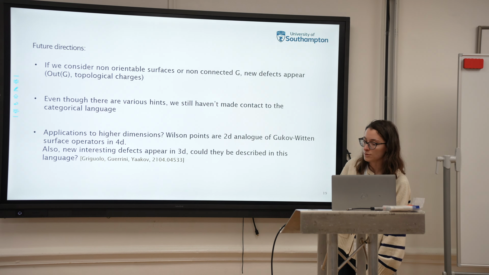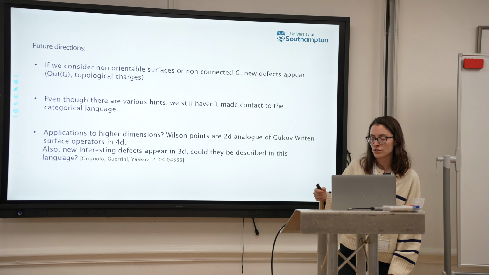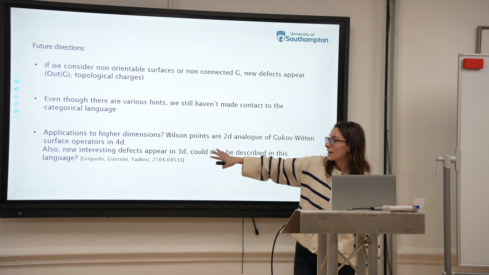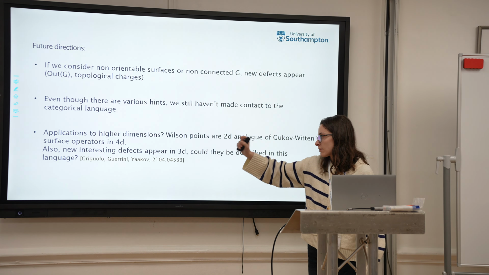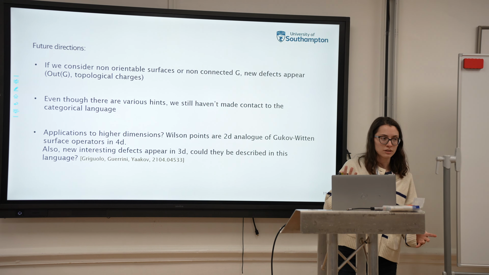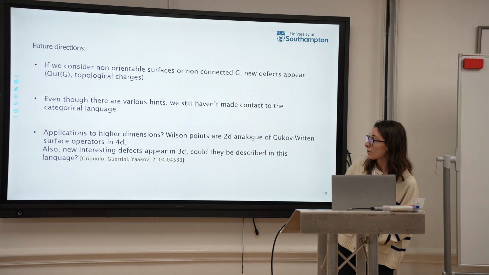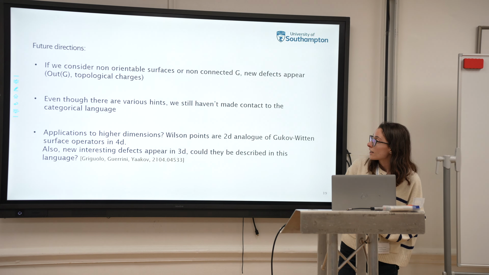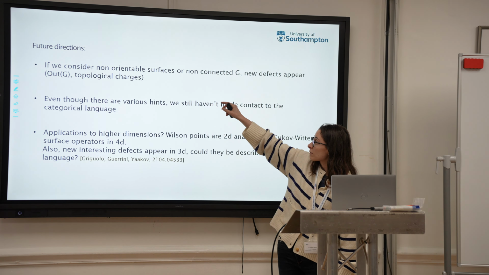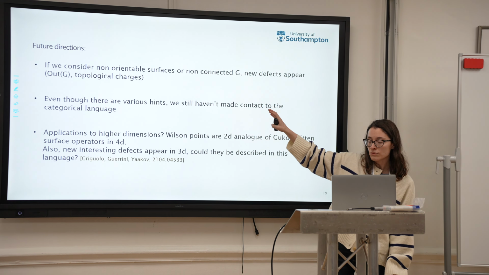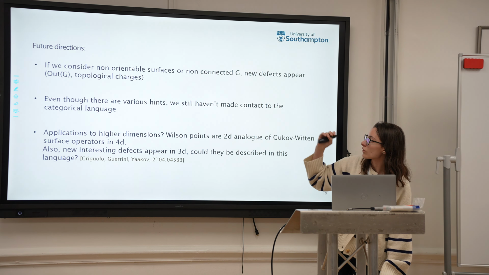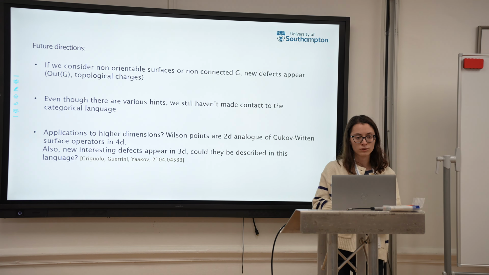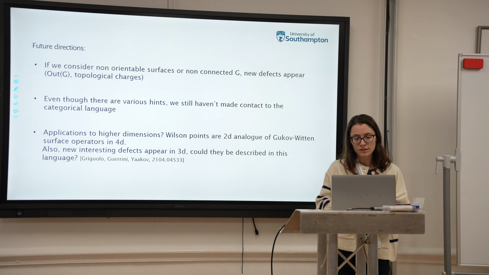And this gives me the chance to talk about the future directions. In the future, we would like to try and see if we can apply this to higher dimensions. For example, in 3 dimensions, new defects appear. It would be easy to see if we can recover them as well in this language. And we can also relax some of the assumptions on the connectedness of the gauge group or the orientability of the surfaces to get new defects.